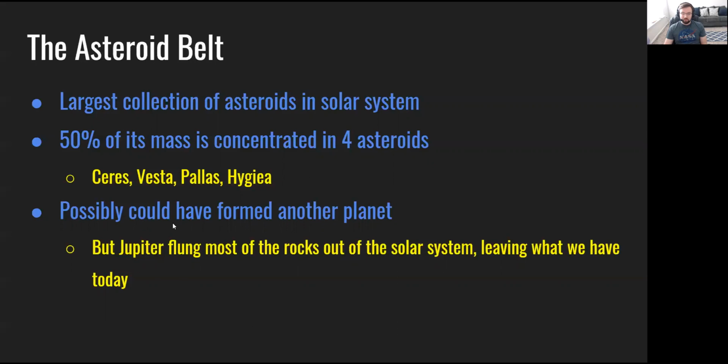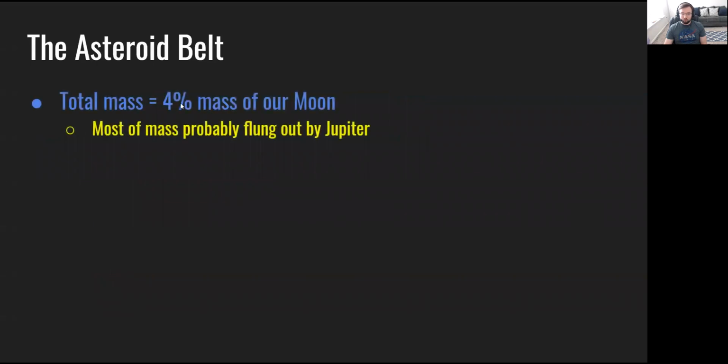But as it is, the asteroid belt could not have formed to be a planet. The asteroid belt has only 4% of the mass of our moon. So most of that mass, if it was going to be a planet, would have been thrown out by Jupiter. As it is, though, it does not have enough mass to make a planet.